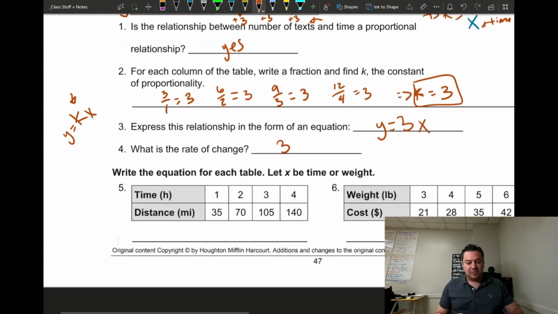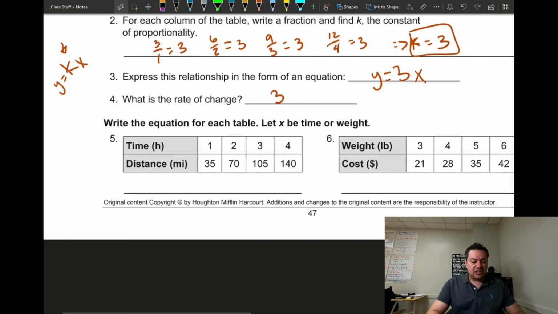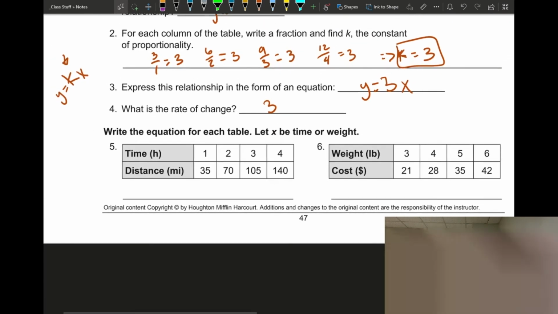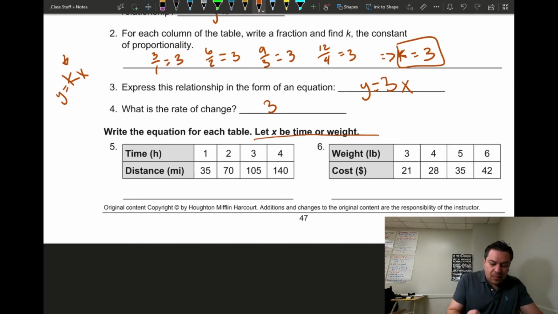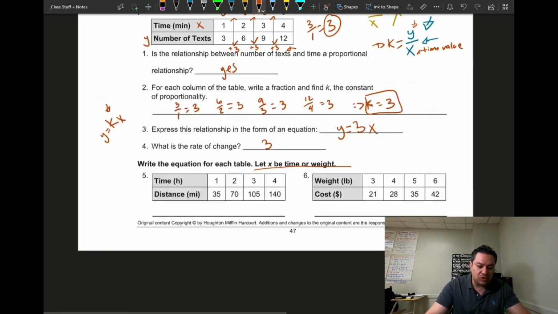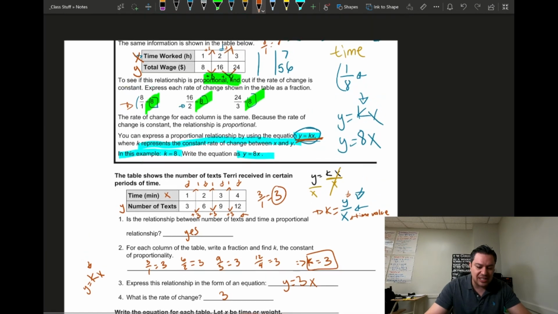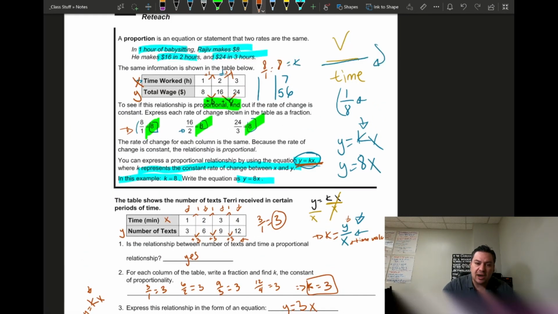Now, let's keep doing 2 more, and these are just the tables. So we're just gonna write the equation for each table and let x be time or weight. Look at this, what it's saying. Let x be time or weight. I told you before that anytime you have a value of time, put it on the bottom, okay?